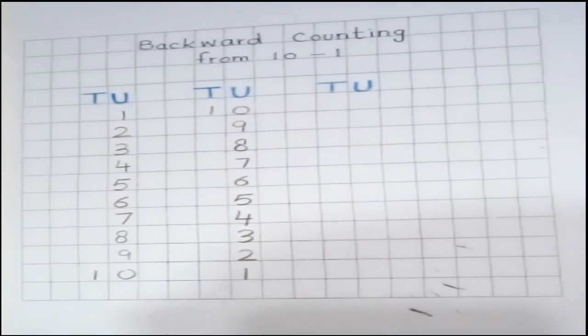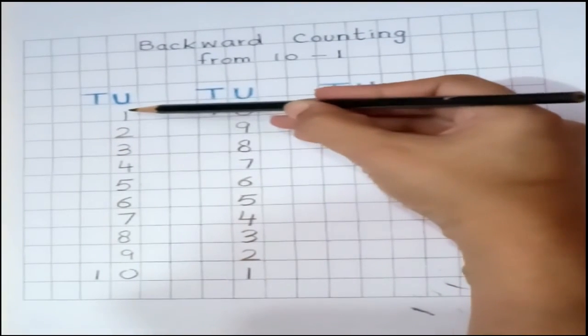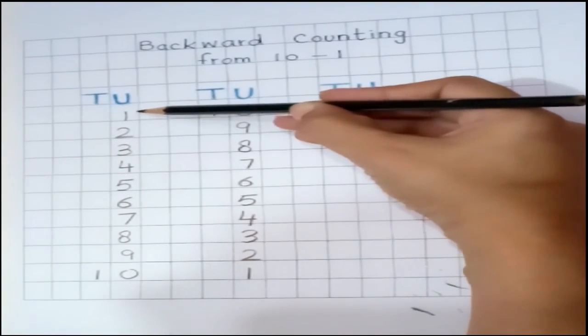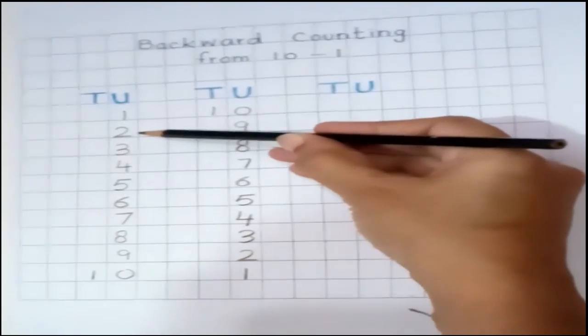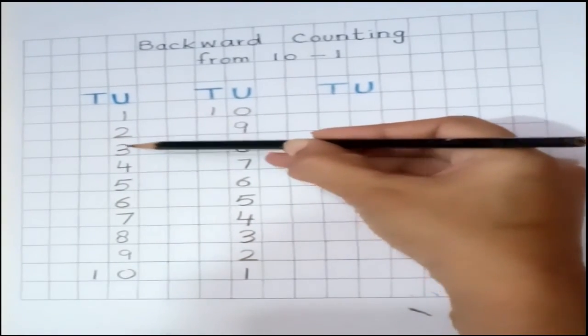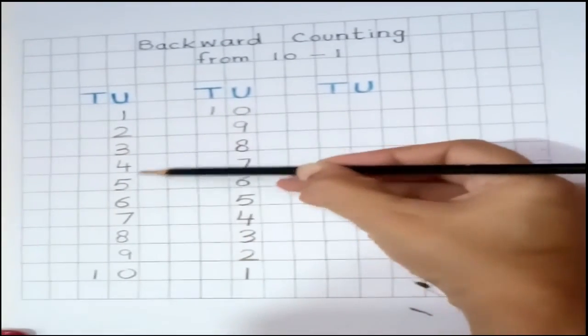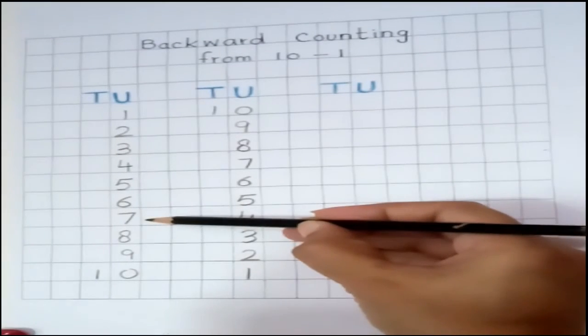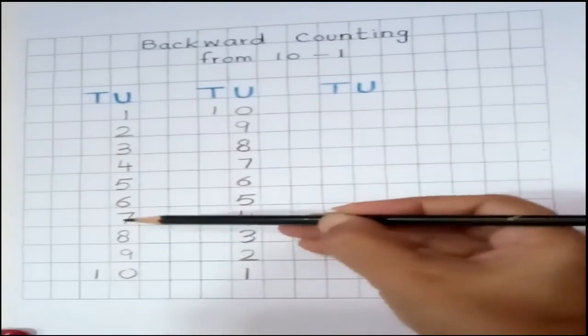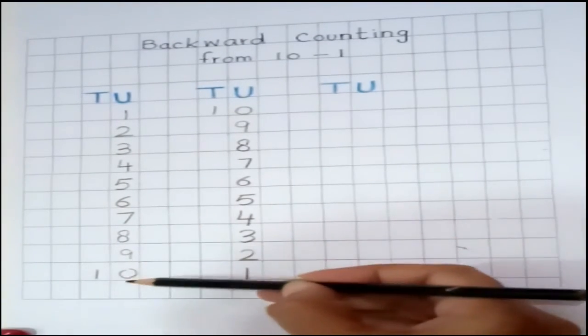Very good. In forward counting, we start from 1. Okay. The first number in maths, 1, 2, 3, 4, 5, 6, 7, 8, 9, 10.